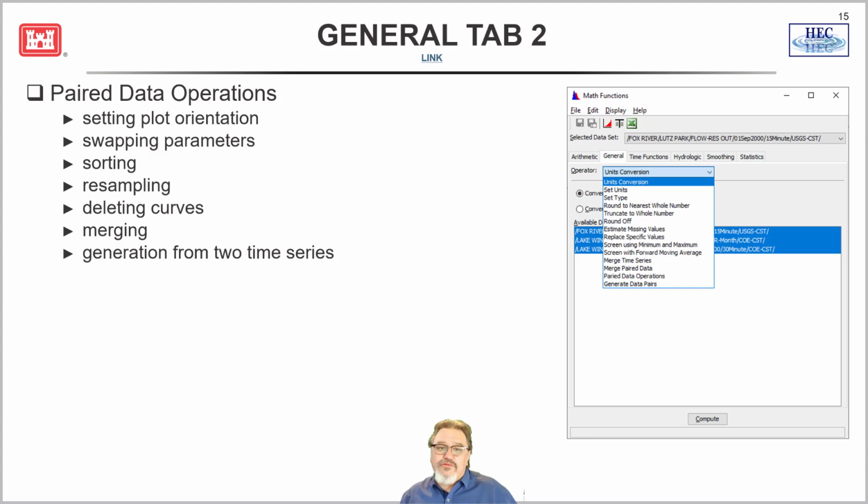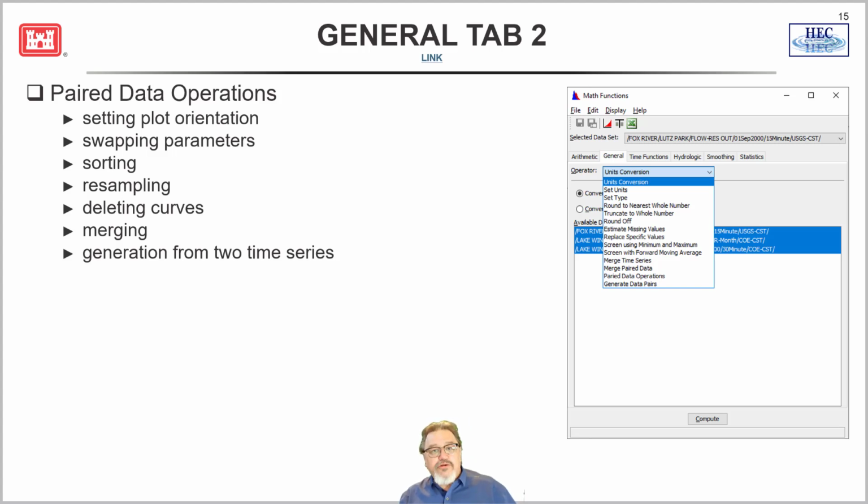You don't know how the flow was generated maybe, or it was generated without a rating from some other type of computation. But you want to generate a quick on-the-fly rating between stage and flow. You can take the two time series, run it through this operation, and say, okay, I've generated a paired data record that gives me some sense of getting flow from stage.